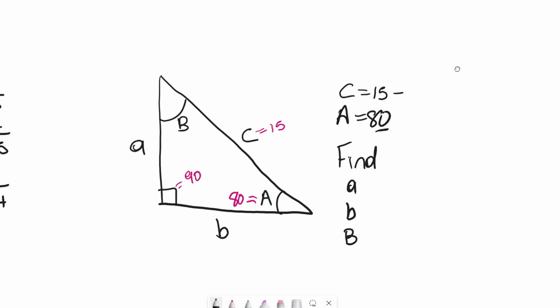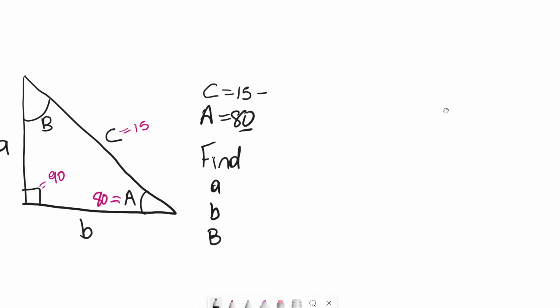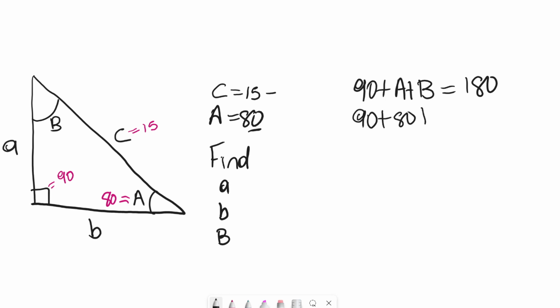And if we recall, the angles in a triangle sum to give us 180 degrees. So the 90 degrees plus angle A plus angle B should sum to 180 degrees. We have the measure of angle A, so I can fill that in. That's 90 plus 80 plus B equals 180 degrees.